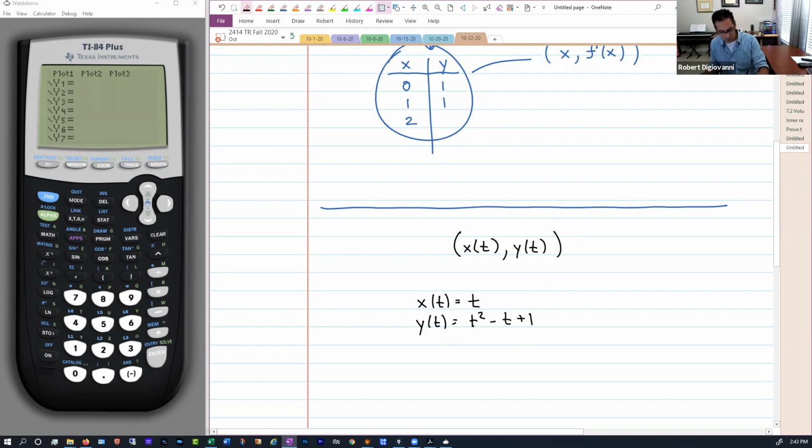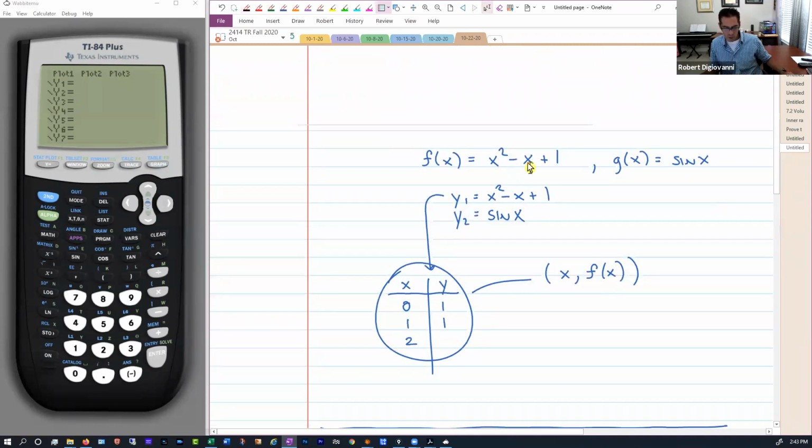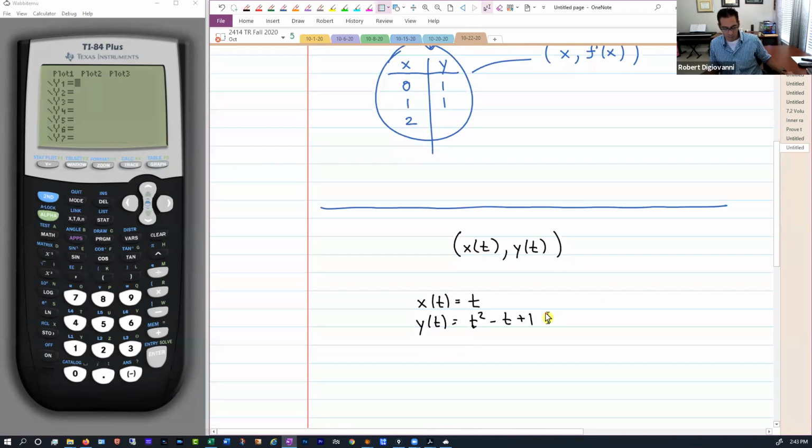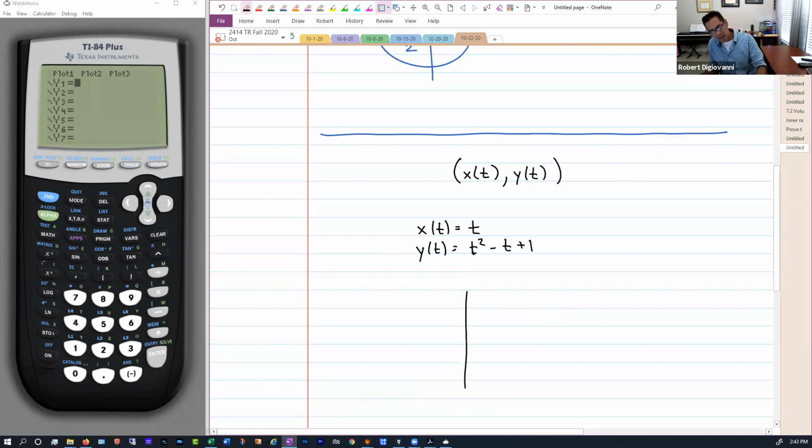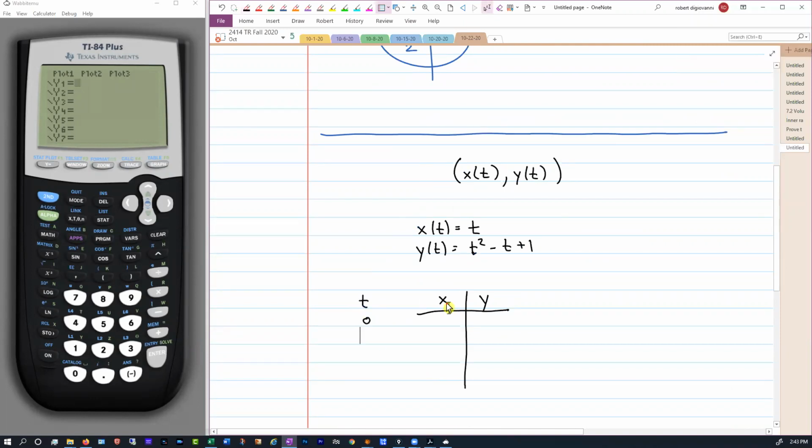Does that look familiar to you? X squared minus X plus 1. I wonder what a table would look like here. What would my X be and what would my Y be for different values of T? So let's let T be 0. What would we get for X? 0. And what would we get for Y? 1. Okay.